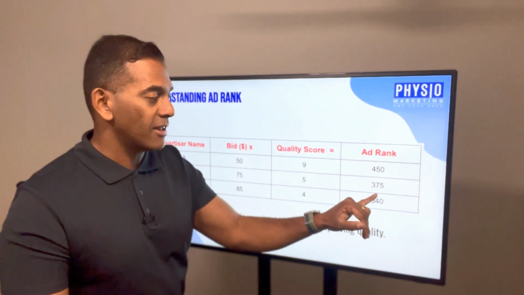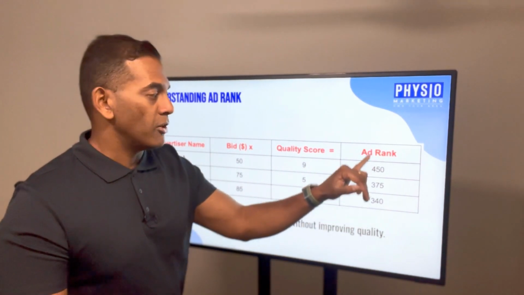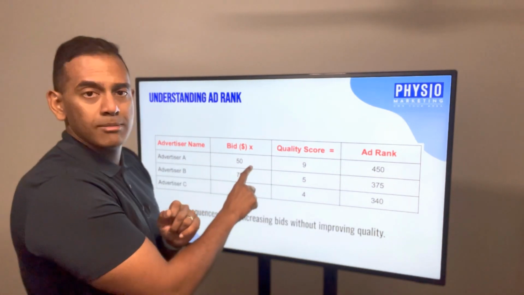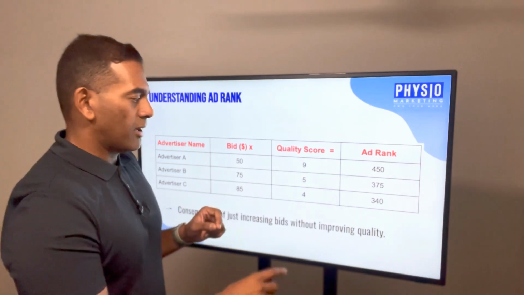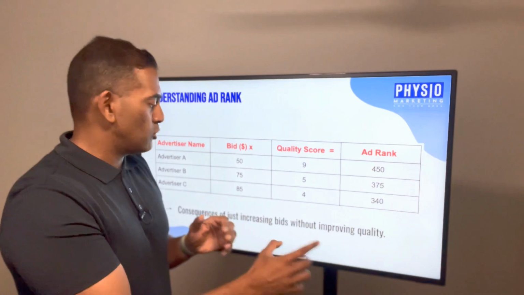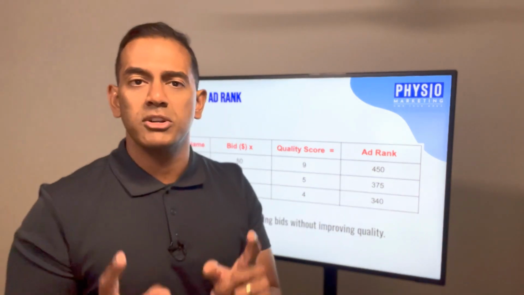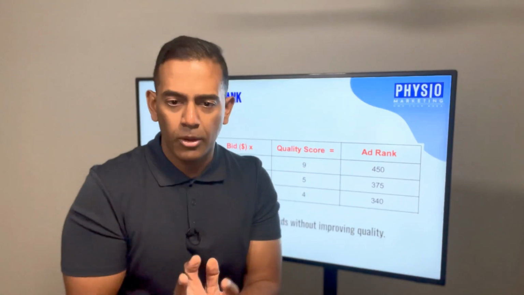So their ad rank is 375, but yours is 450. Your maximum bid is 50, and your ad rank is higher than the person who's bidding 50% more than you because the quality score on your ad is much, much higher.